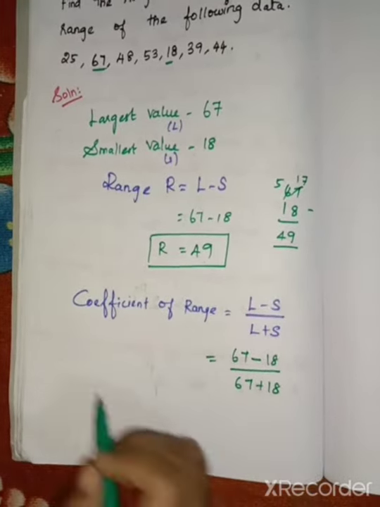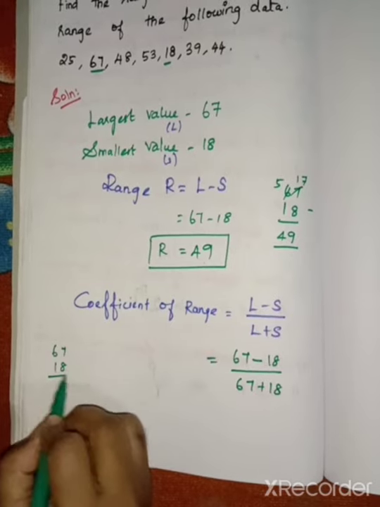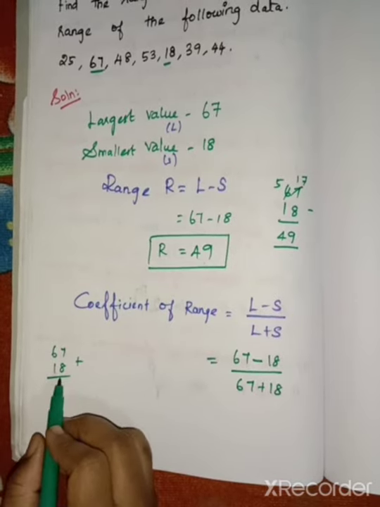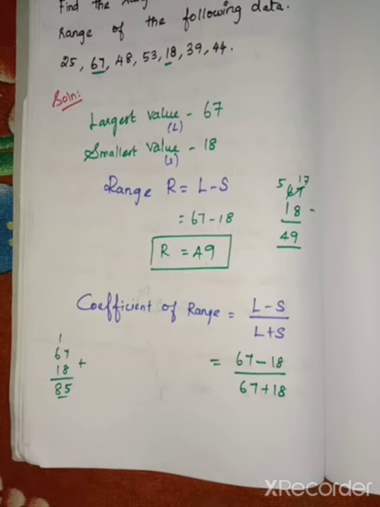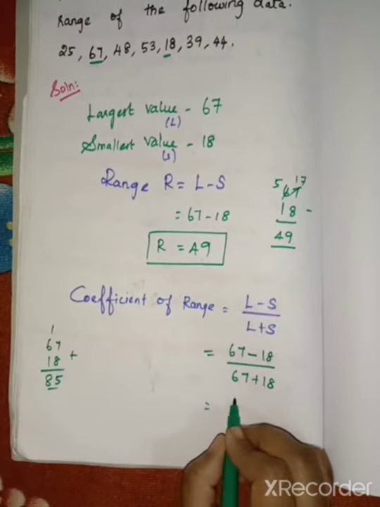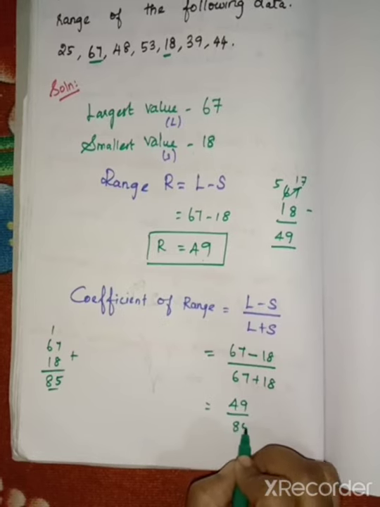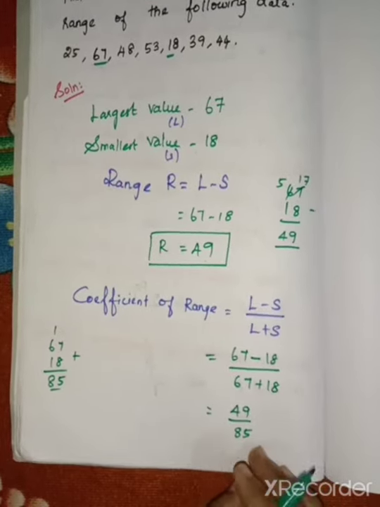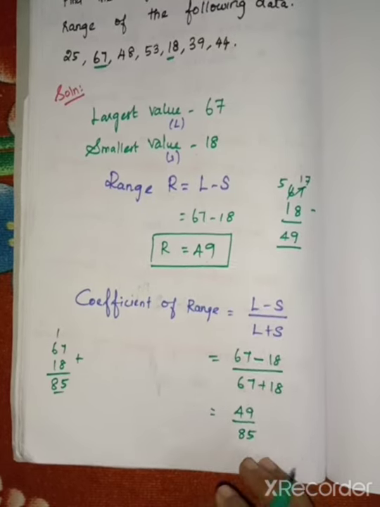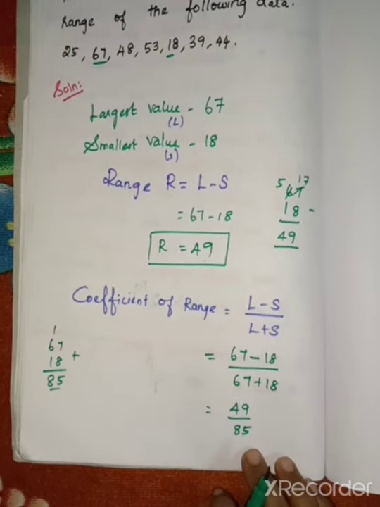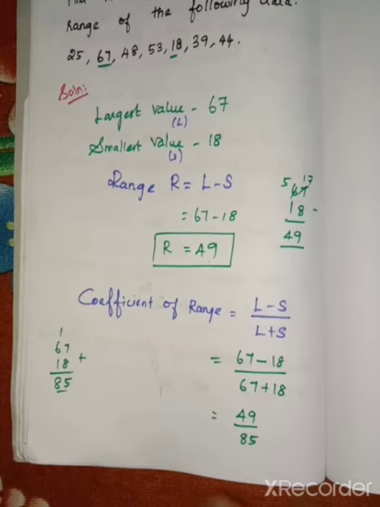Now we add: 67 plus 18. 8 plus 7 is 15, carry 1, and we get 85. So 49 divided by 85. If you know cancellation, we can cancel here itself, or otherwise we can divide the terms straight away.